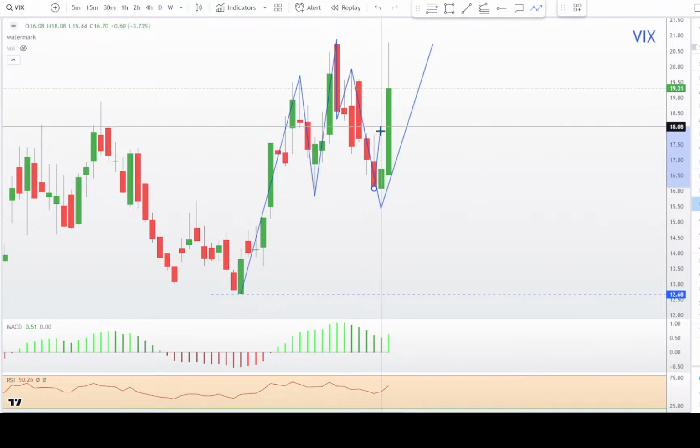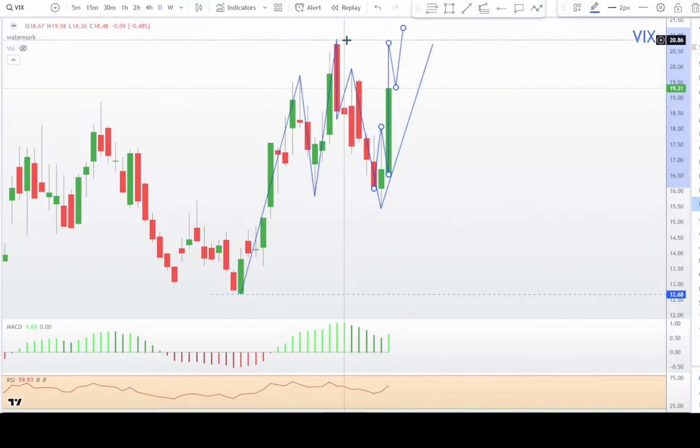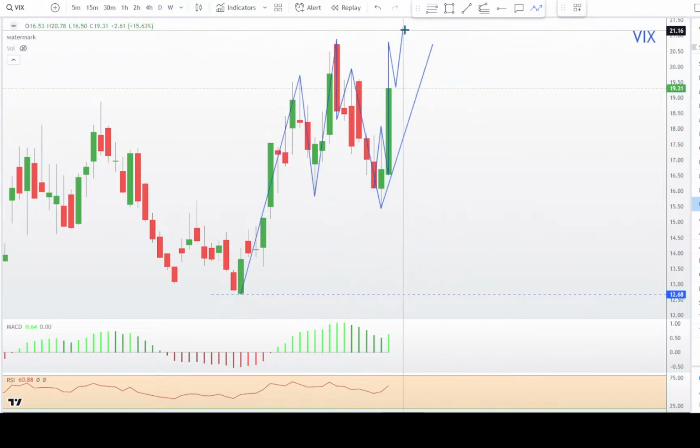I'd expect them to go up and break that in 5 waves, and it looks like that's exactly what they're going to do. So here's 1, 2, 3, and then they came down to here, ended there, so that could be 4. I could see another spike up and take out that high of, what is that, 2088. Then you'd have a 5. And then somewhere up here, you'd get another correction down.